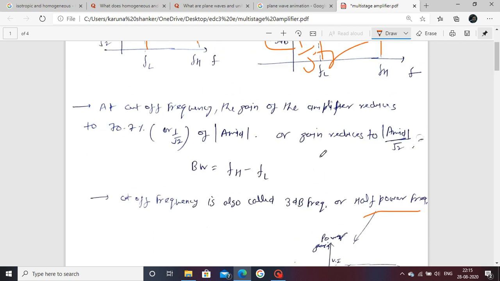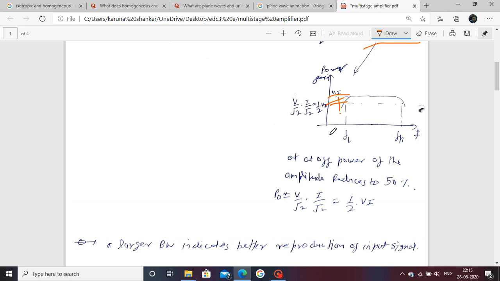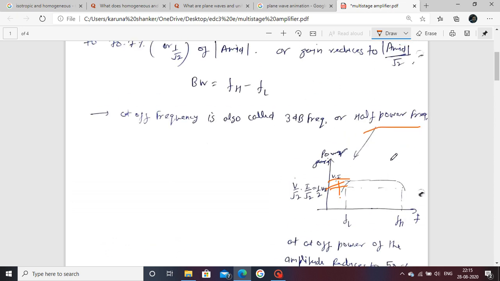At this point you see frequency versus power gain. Suppose this value is 1 and this value is 1 upon root 2. At the half power frequency, the power is 50% of the maximum value. That's why I call it half power frequency.